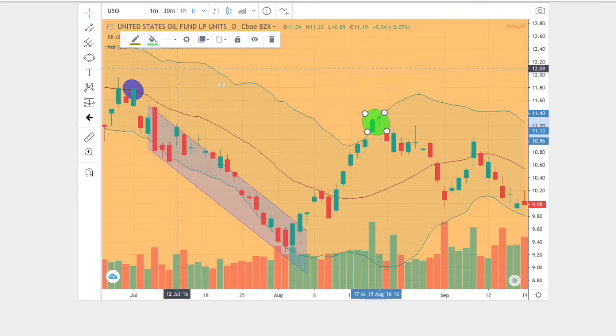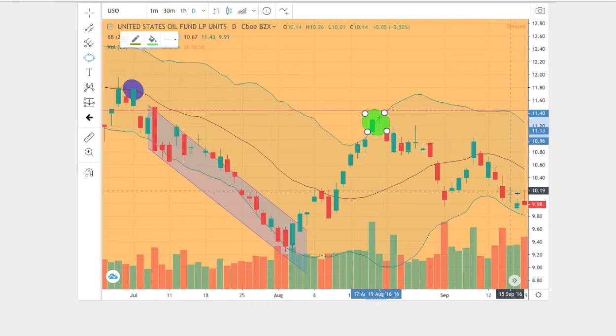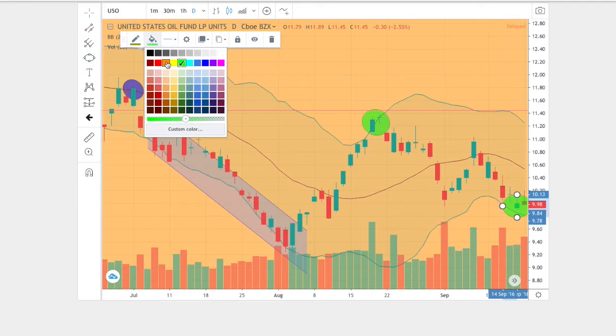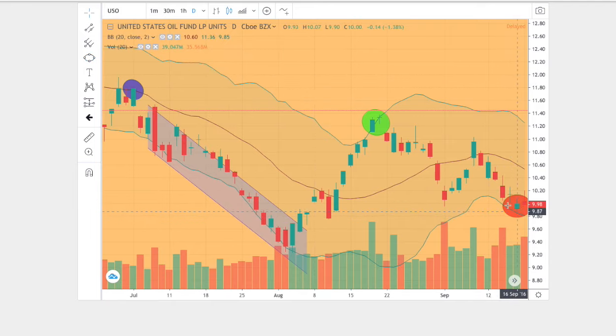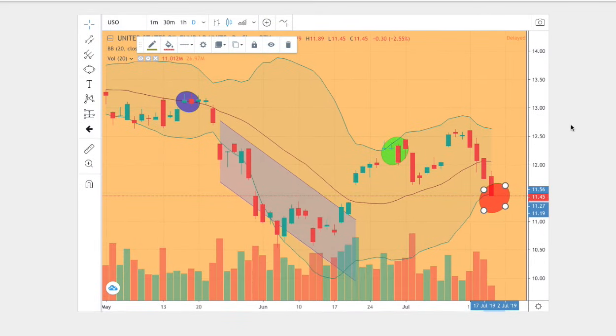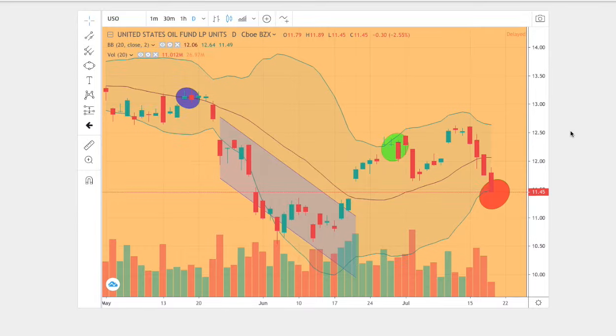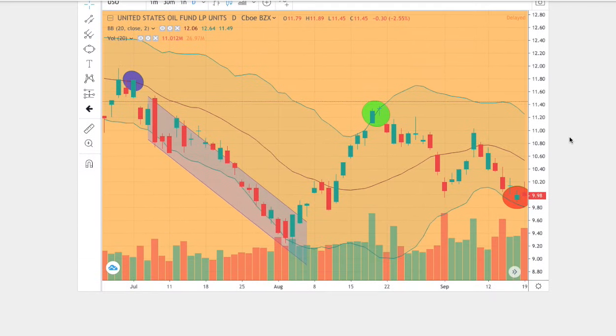And after touching the upper Bollinger Band, we see it touch the bottom Bollinger Band as well right down here. So we start to see similar patterns, and we have 1, 2, 3, 4 points, and we also have 1, 2, 3, 4 points. So there's reason to believe that the trends and patterns are the same. The forecast and outcome would also be the same.